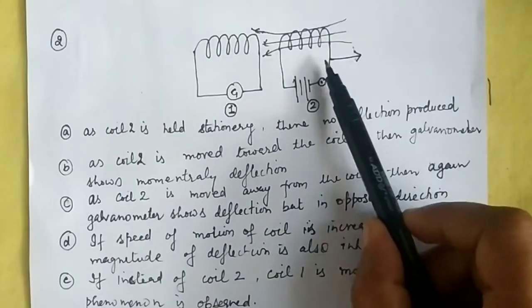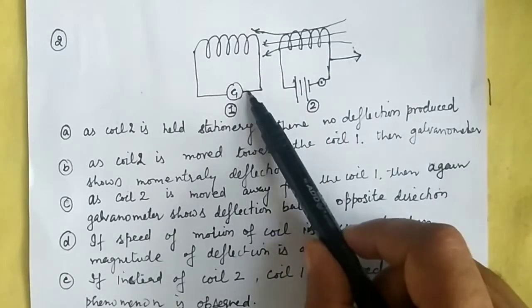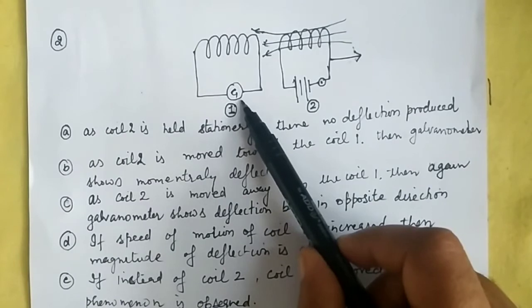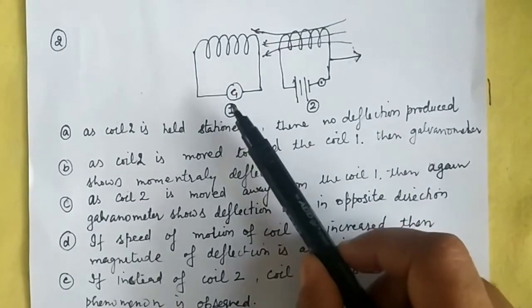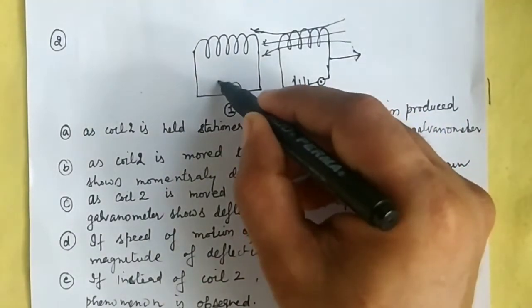Further, if you push this coil away from the first coil, the galvanometer shows a momentary deflection, let us say along this direction.